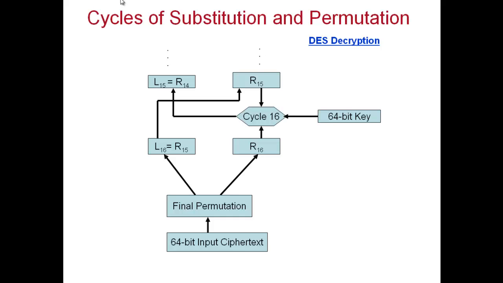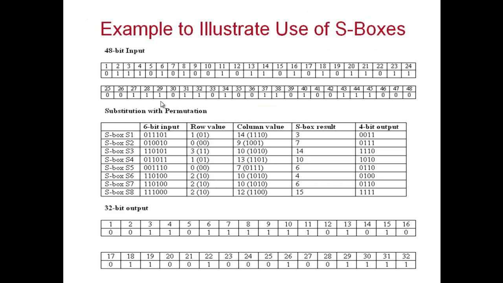So R15 is fed to cycle 16, along with the 64-bit key, and we feed in R16 to the cycle. R15 and R16 get inside, and with this key you get back L15. Now L15 and R15 are fed to cycle 15, and the same thing repeats.